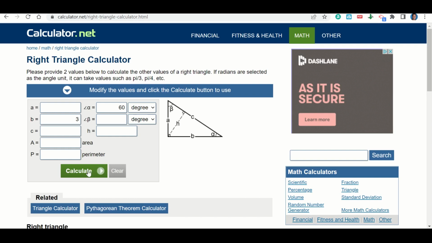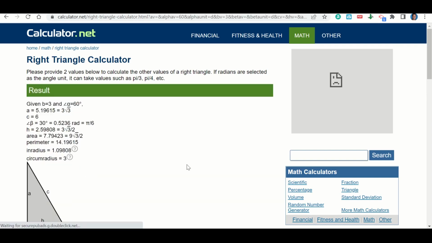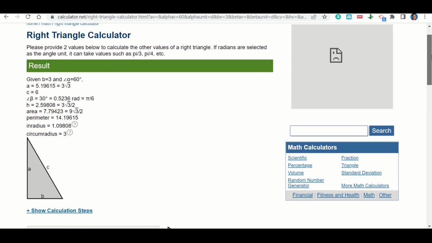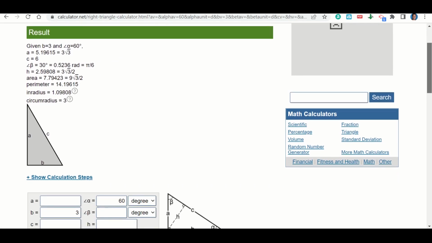Let's go ahead and we'll hit calculate. And it tells us what the lengths of each of the sides are and each of the angles are. So we can see that A, in this case, is 5.19615, or 3 square root of 3. And C is 6.